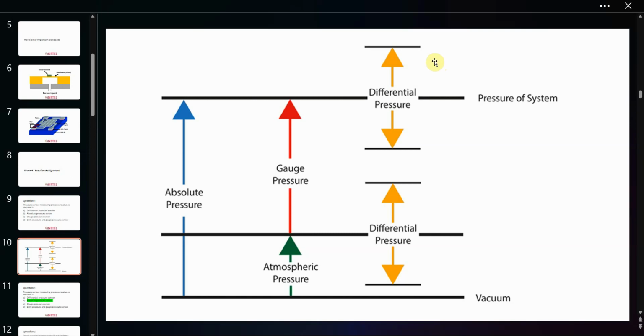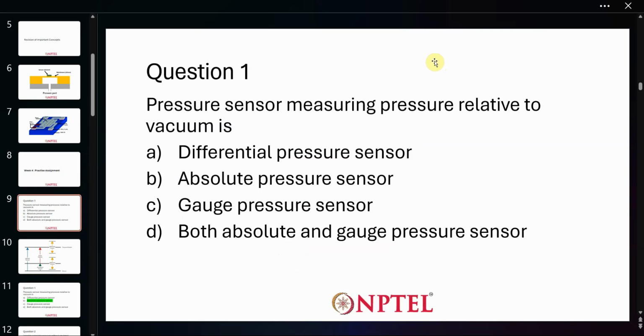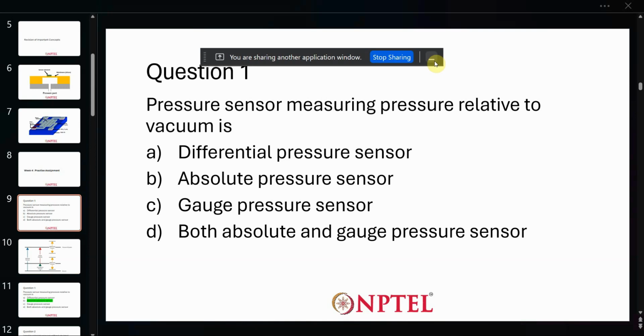So from this, what do you think will be the answer?